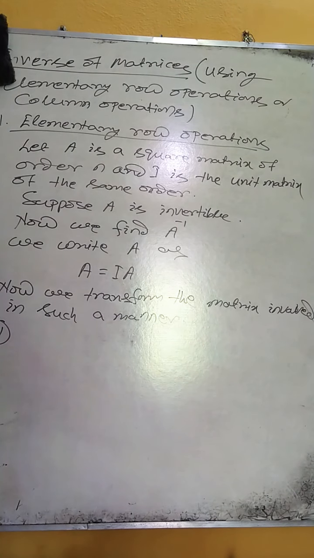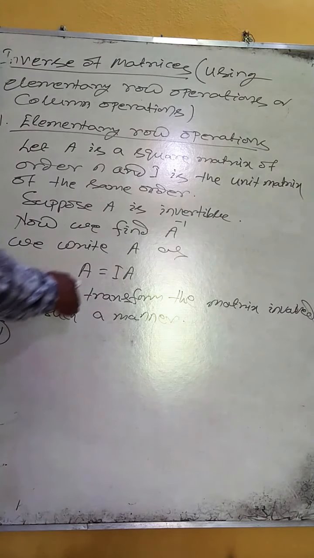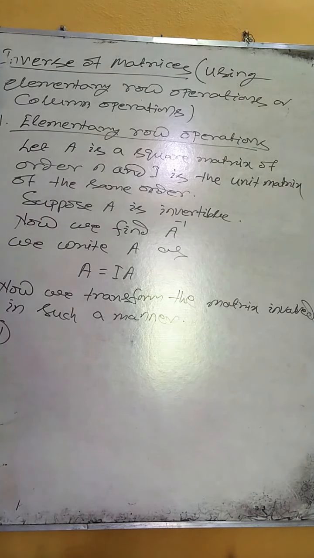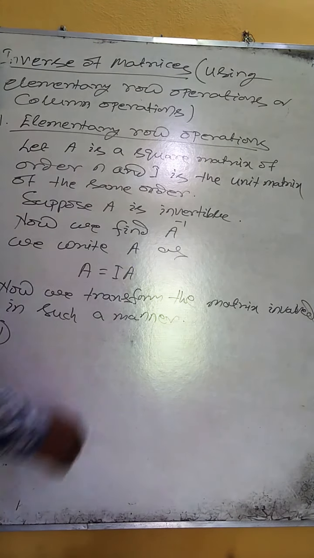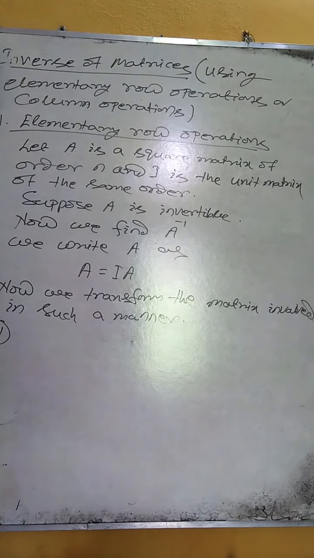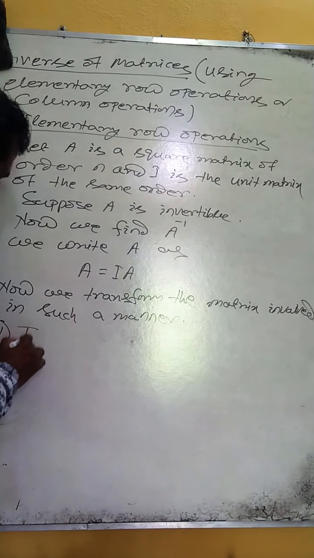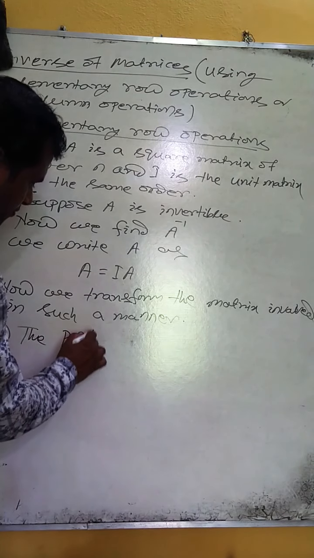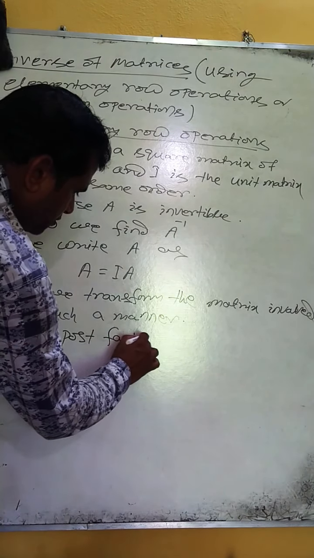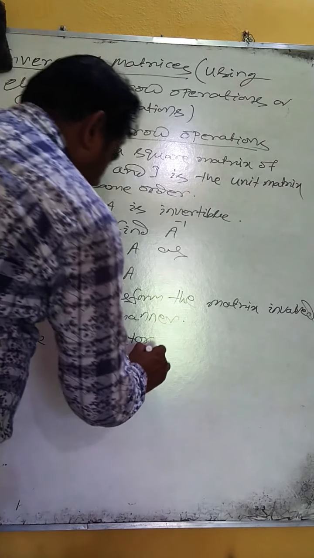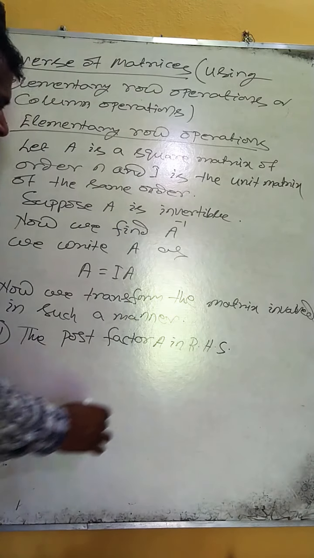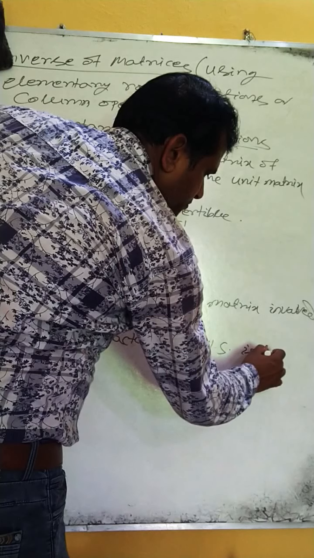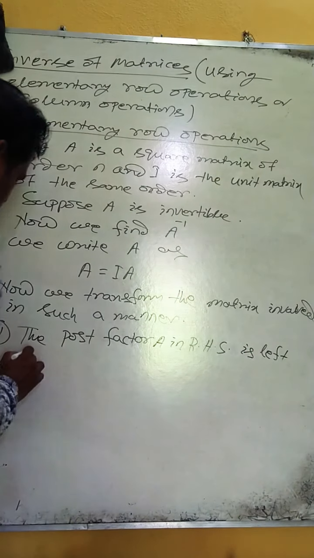First step, in the right side, IA, pre-factor I, post factor A. The post factor A in the right hand side is left unchanged.